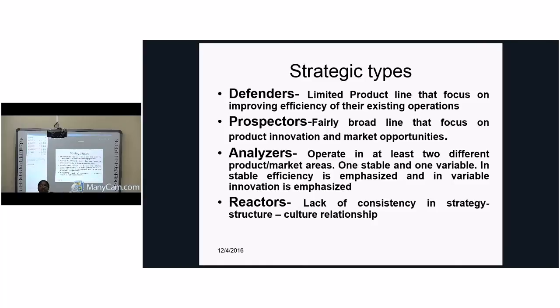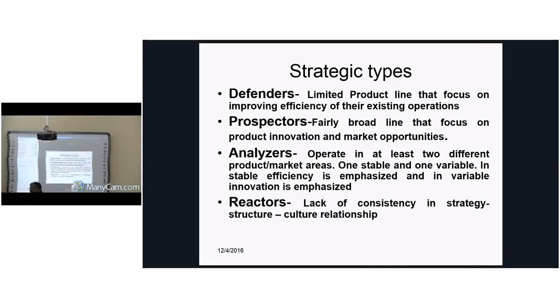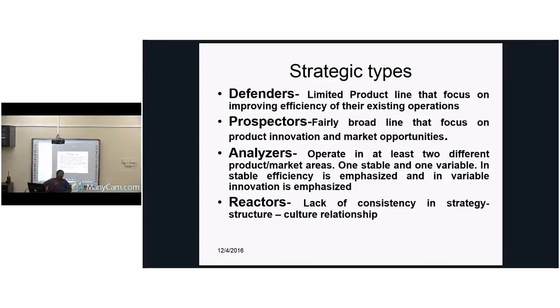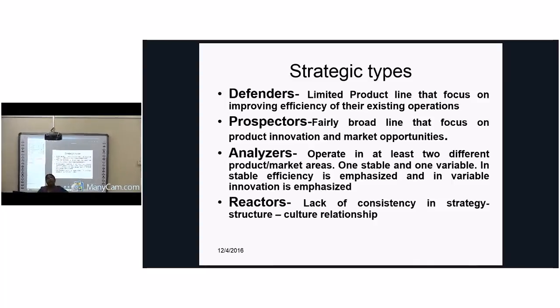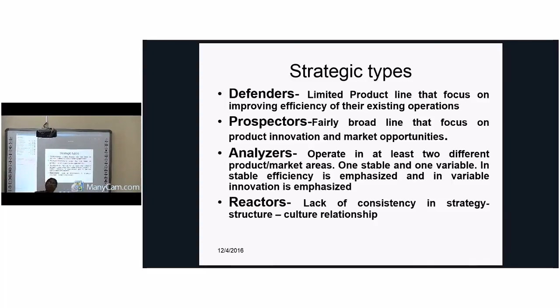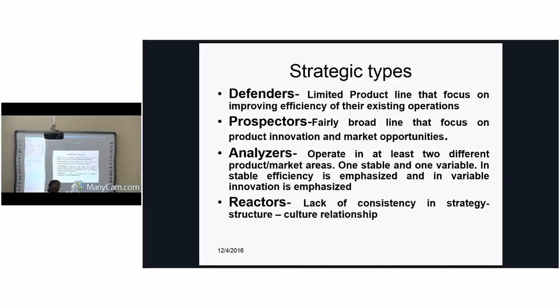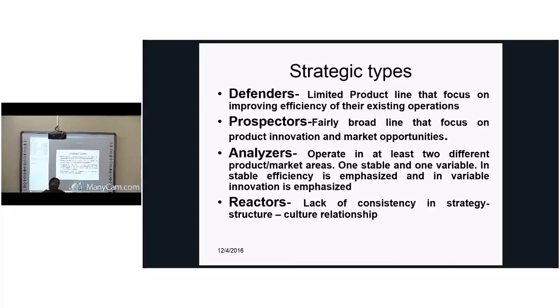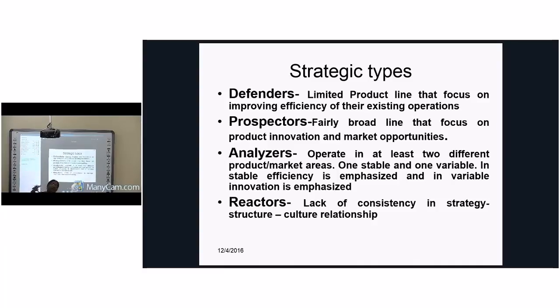While engaging in powder milk, they engage in the tea market or tea business, right? So they are called analyzers. One stable and one variable. So one market or product line is stable and the other product line varies. In stable, efficiency is emphasized and in variable, innovation is emphasized. So they are analyzers. They do different activities in their product lines because they have 2 different product lines.